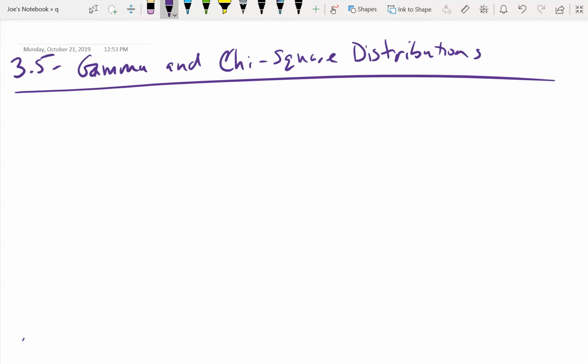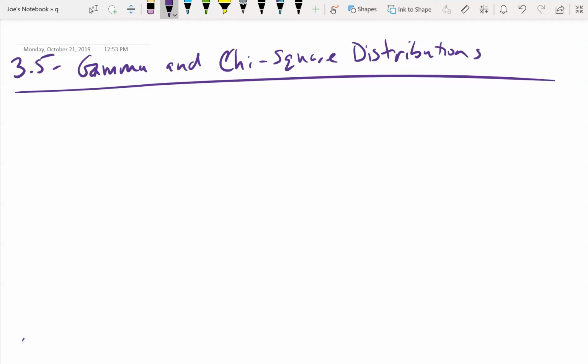Now, as far as usefulness goes, the chi-squared distribution is exceptionally useful in statistics. One of the things that you get interested in doing in statistics is worrying about the variances of distributions.